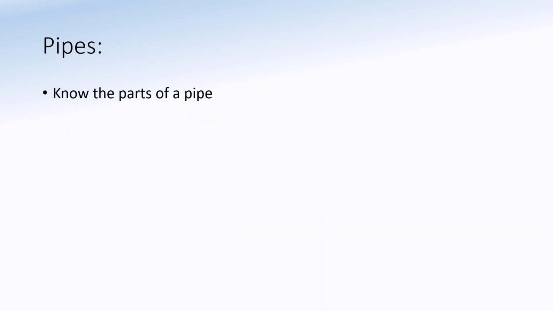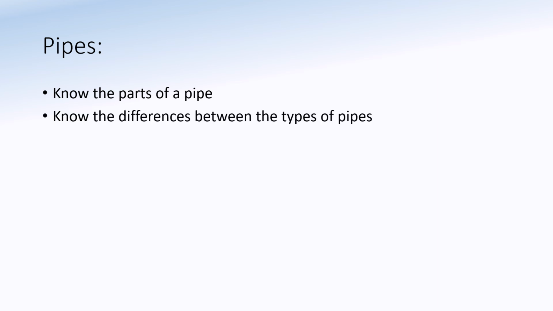We covered pipes. Know the parts of a pipe: the bell, the spigot, the soffit, the crown, the belly. Know the difference between the types of pipe: AC, CMLC, PVC, ductile. The pipe characteristics refer to things like strength and permeability.